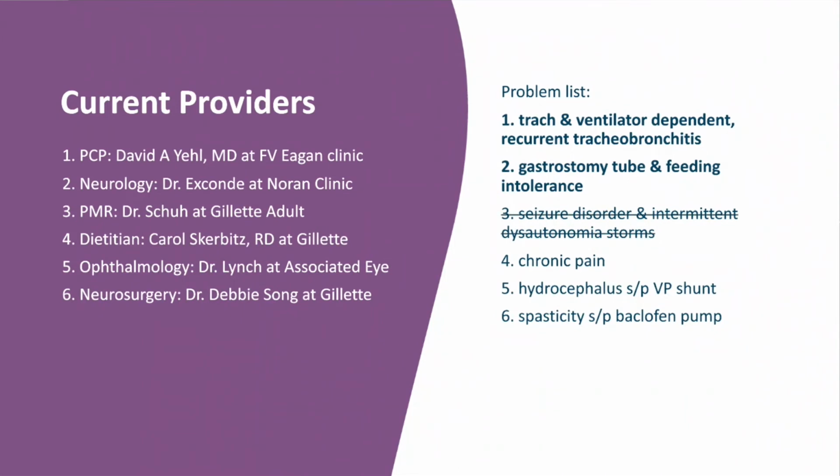He had a seizure disorder and dysautonomia storms and had a neurologist who the family trusted and felt was a good fit for them. So we didn't have to worry about that problem. Chronic pain: this family had met our palliative care doctor, and they said of all of the doctors they had worked with in this patient's later teenage years, this was the person who had fundamentally changed his life the most.